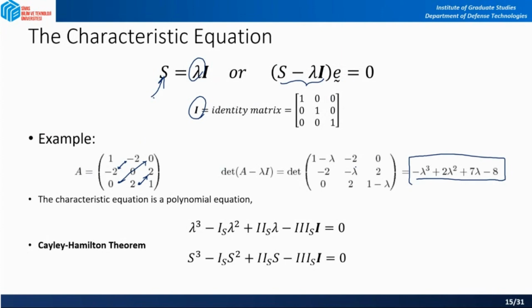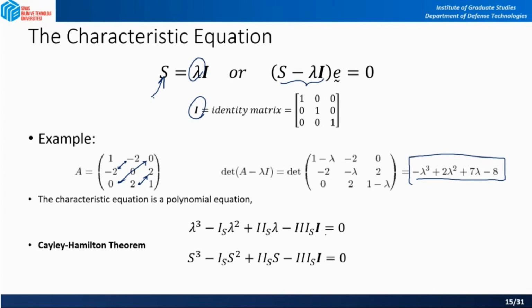The characteristic equation will be a polynomial equation: lambda cubed minus the first invariant times lambda squared plus the second invariant times lambda minus the third invariant is equal to 0.